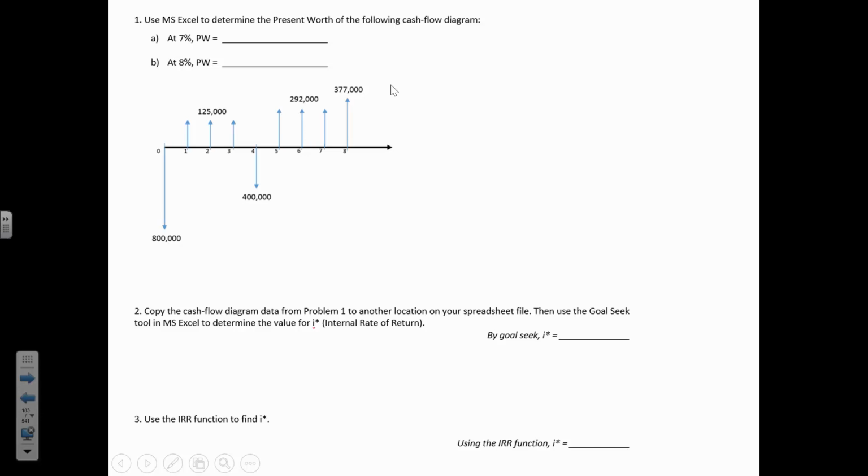And the internal rate of return is somewhere between those two, because what you'll see is that the present worth at 8% is going to be negative, whereas the present worth at 7% is positive. And you're looking to find out what interest rate will give you a present worth of 0.